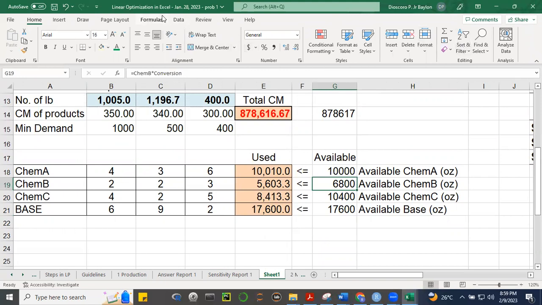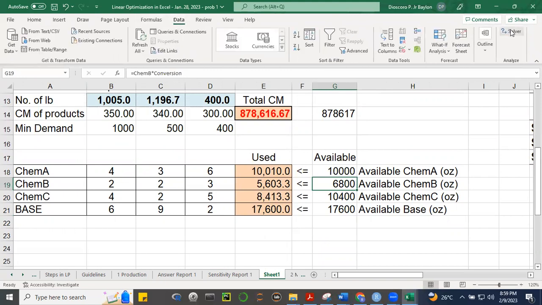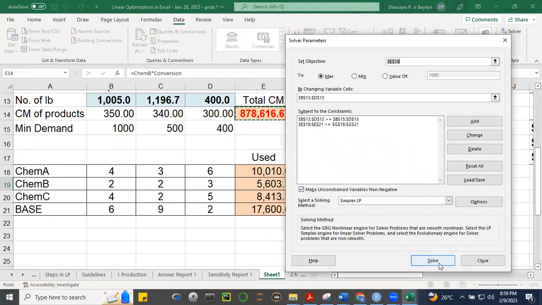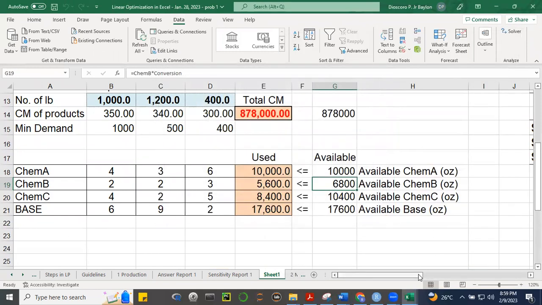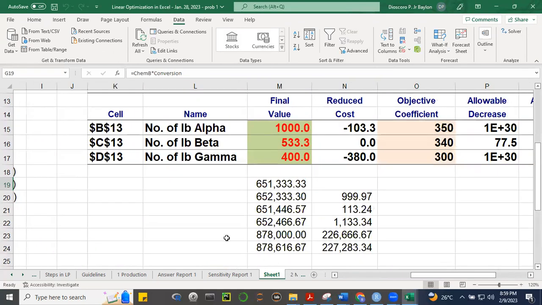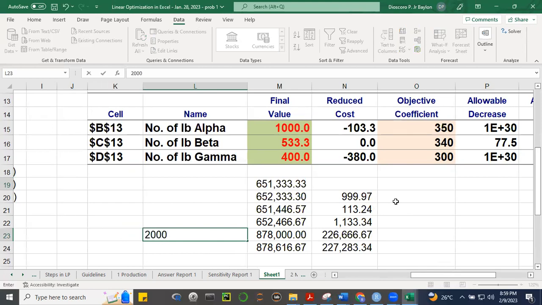Tapos pag sinolve natin to, 878, no? Ito yung naging natin. So ito yung nag-increase tayo ng from 8,000 naging 10,000. We increased by 2,000, right? Tama?